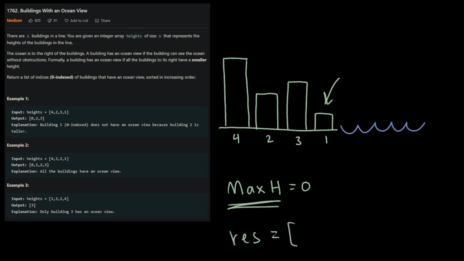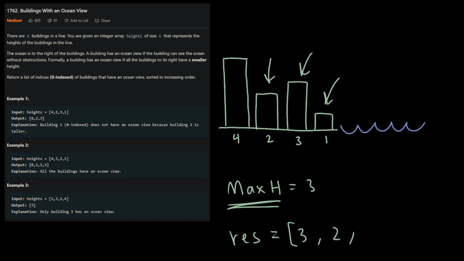So starting at 1, we would see that this is greater than the max height, and so we would both update our max height variable and add that index to our resulting array, and then we would move on to the next building, and we would see that this height, which is a 3, is larger than our current max height, so we would update it and add it to our resulting array.